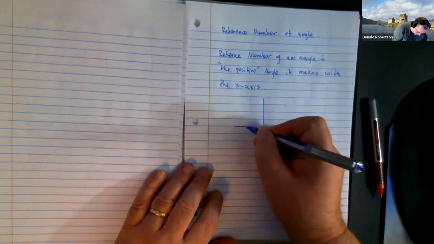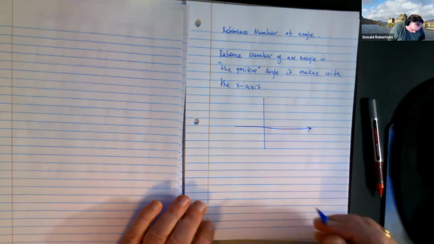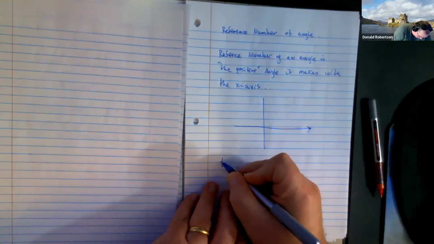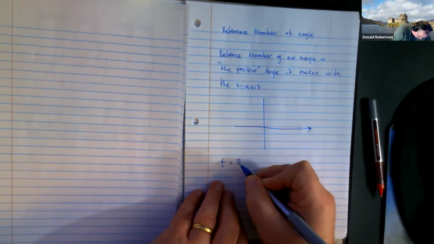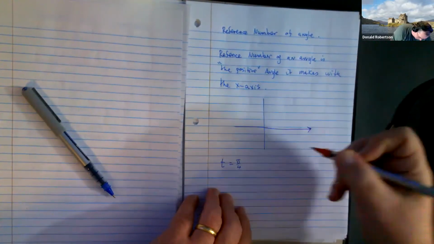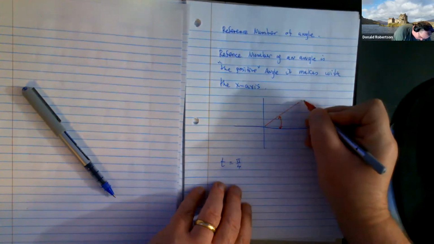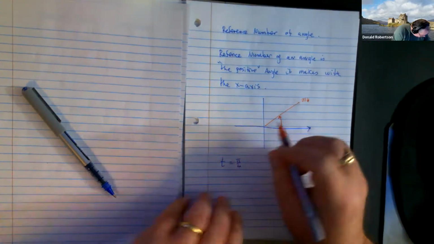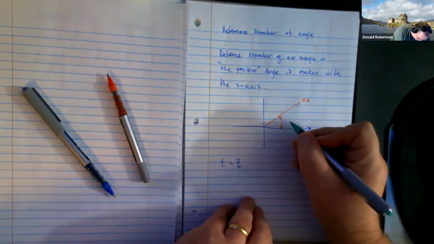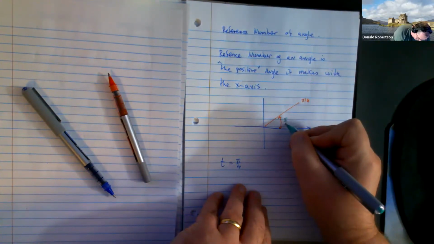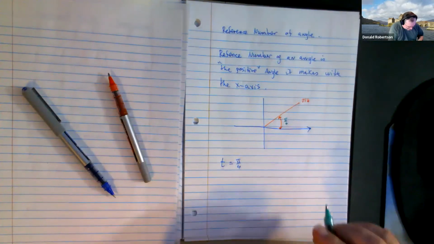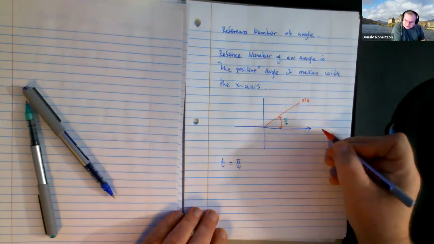So let's give you some examples. If I give you a terminal angle of pi/4, it looks like that. And its reference number is pi/4. Would you agree it makes an angle of pi/4 with the x-axis?